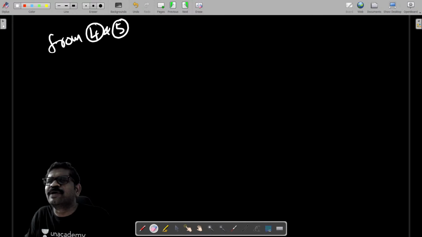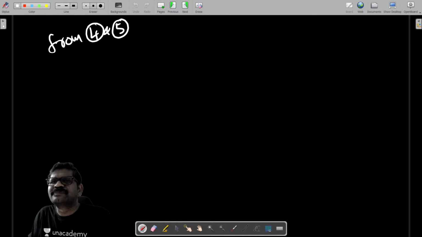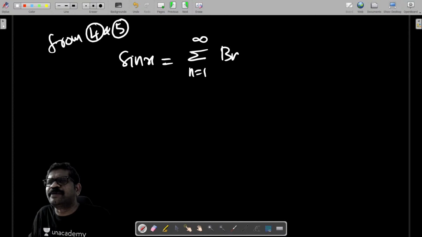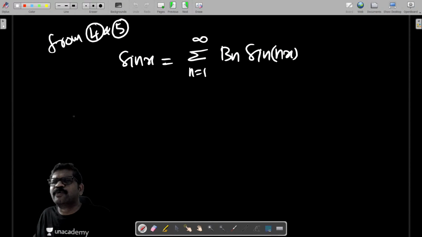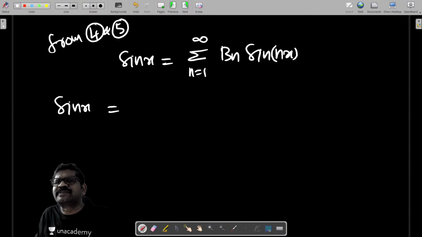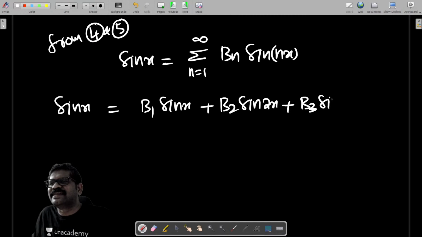That's why you can write sin x equal to sigma n equal to 1 to infinite bn sin nx. Now sin x equal to, put n equal to 1, b1 sin x plus b2 sin 2x plus b3 sin 3x and so on and so on.